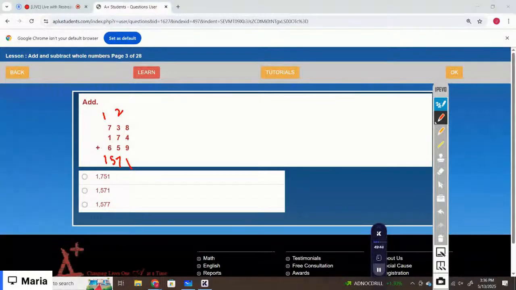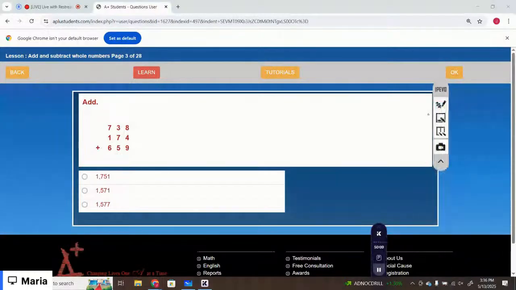Option number 2 is the correct option, that is 1571.